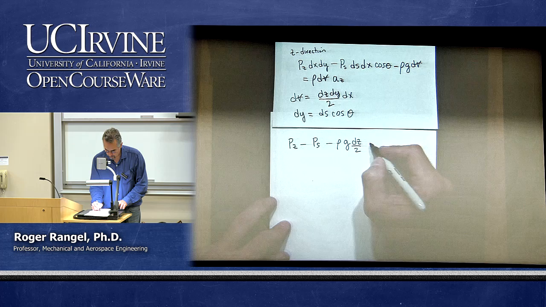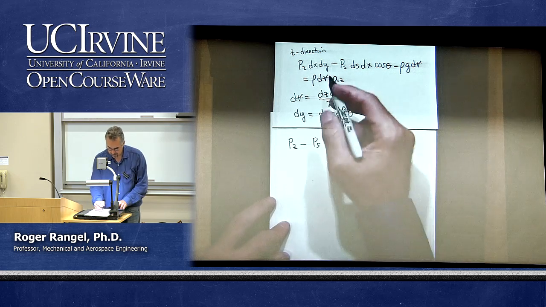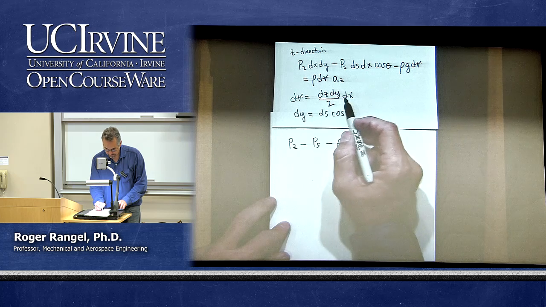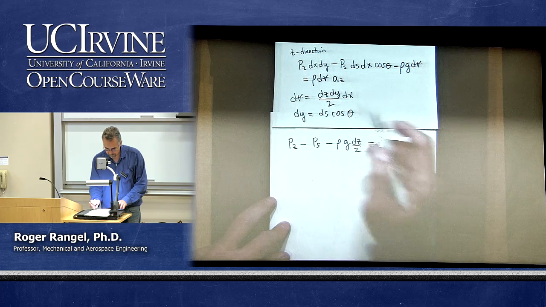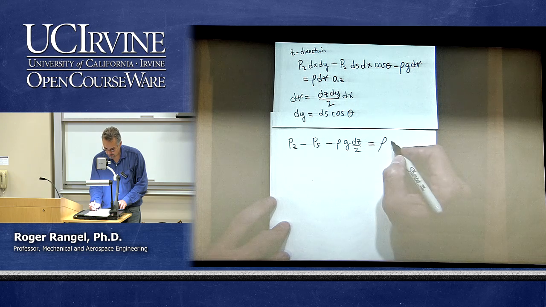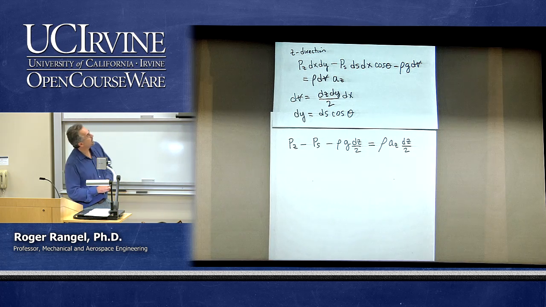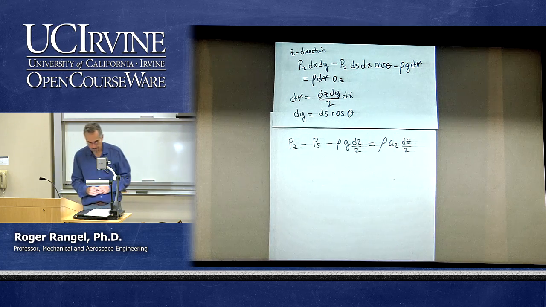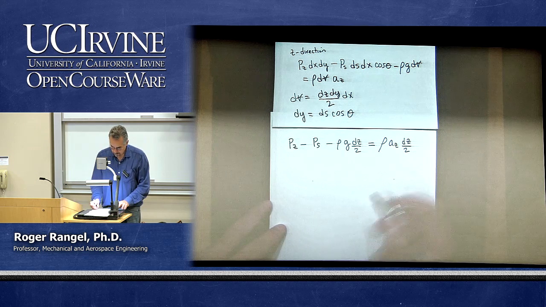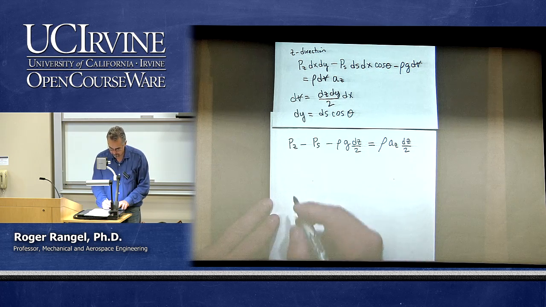And then this is equal to rho dv az. Again, in the dv, I divided by dx and divided by dy. So what I have here is rho az dz over 2. So that's the simplified expression for the balance of the vertical forces.